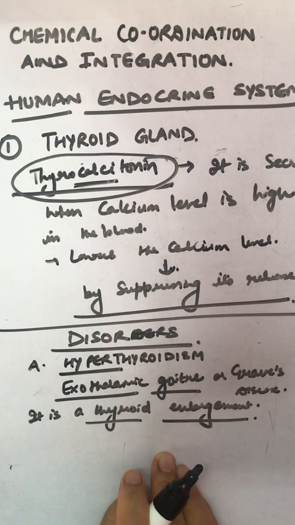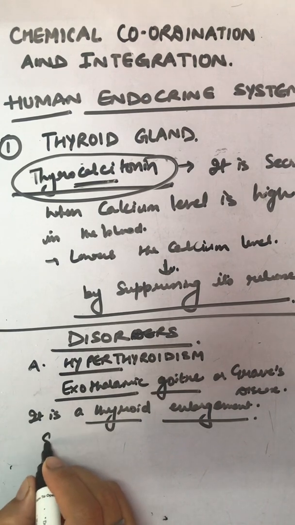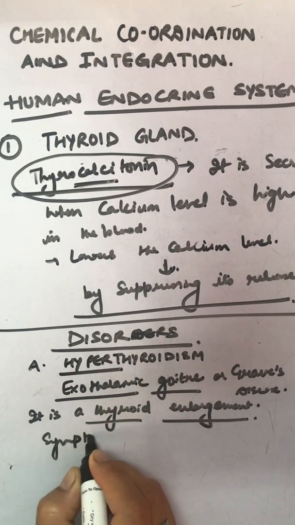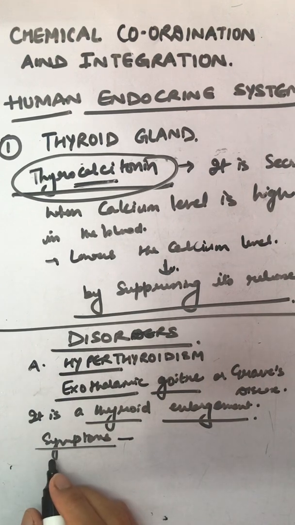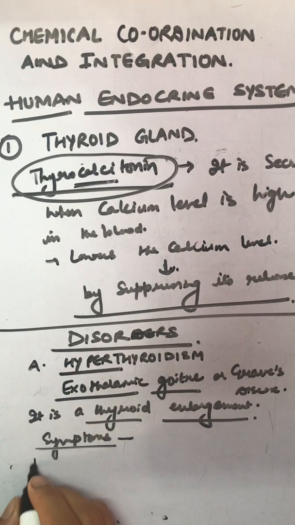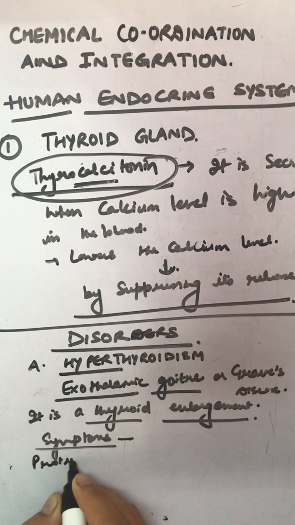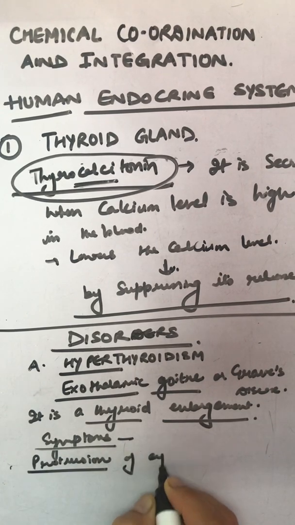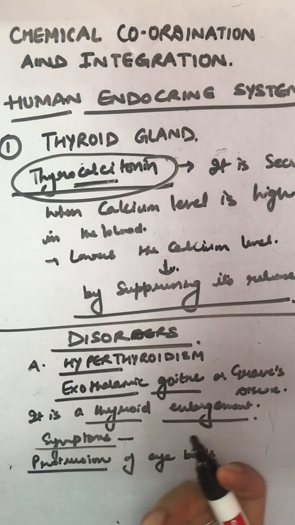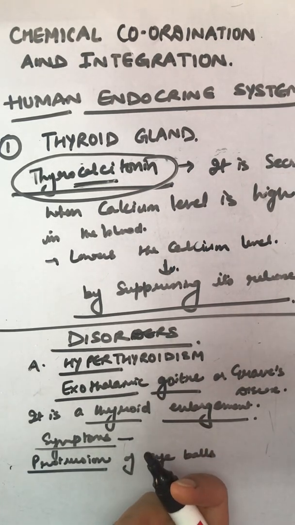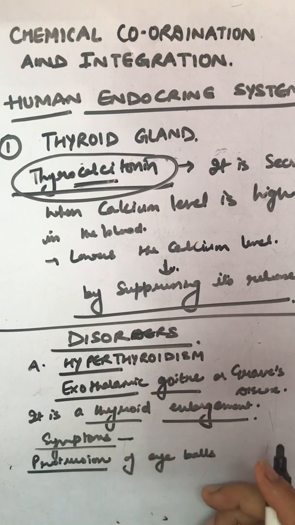How do we get to know? The symptoms that appear include protrusion of eyeballs, that means puffed up or very much appearing eyeballs. ये क्यों होता है? ये हो जाता है because of fluid accumulation behind them.